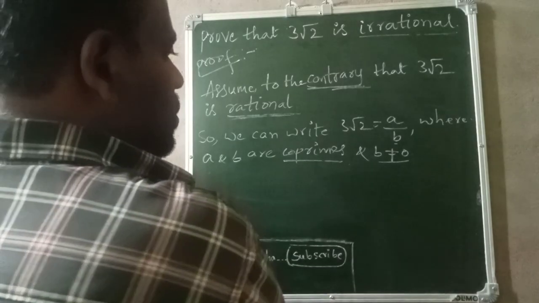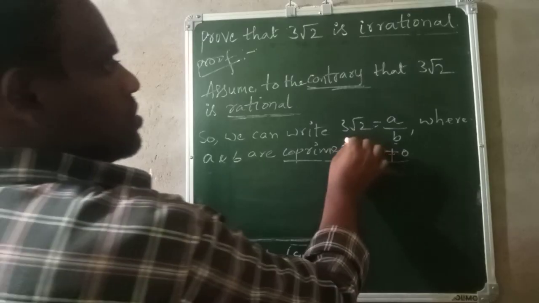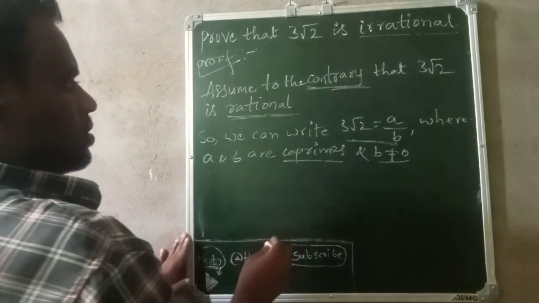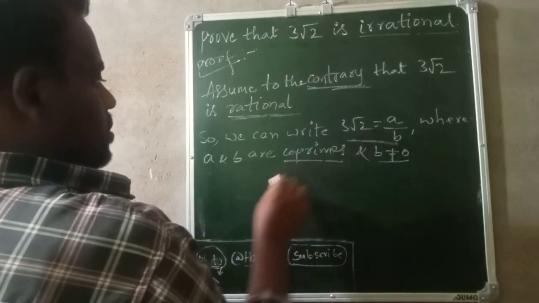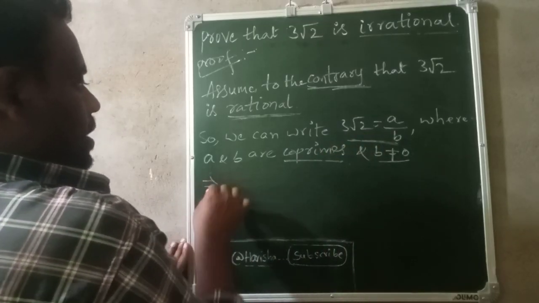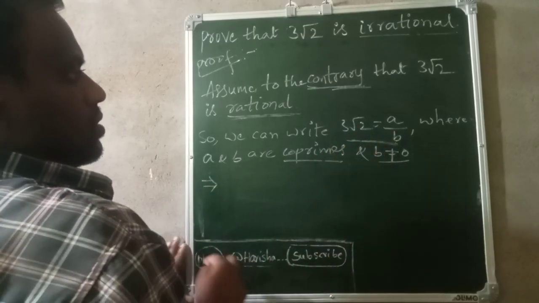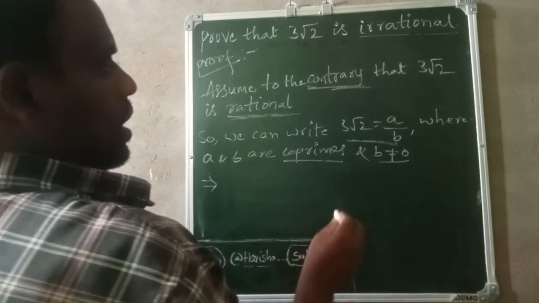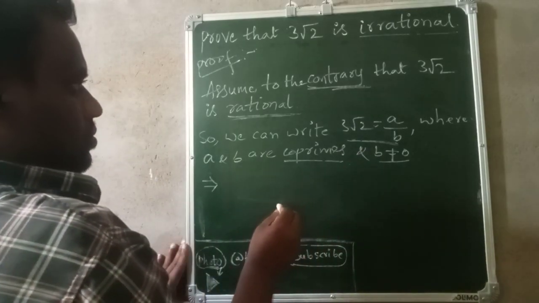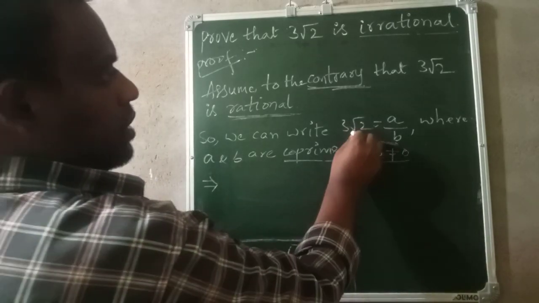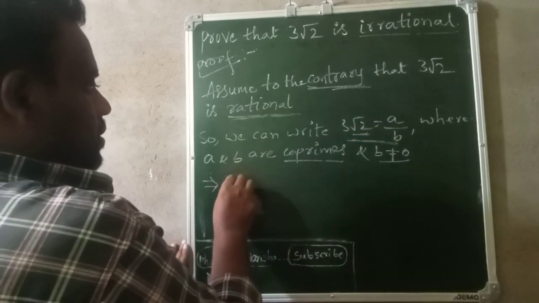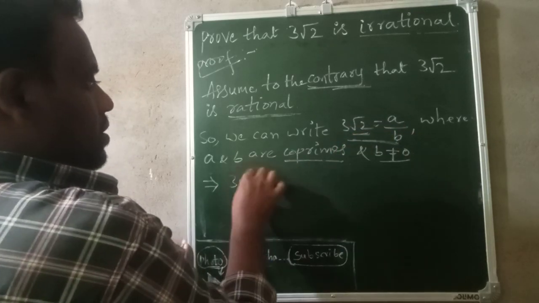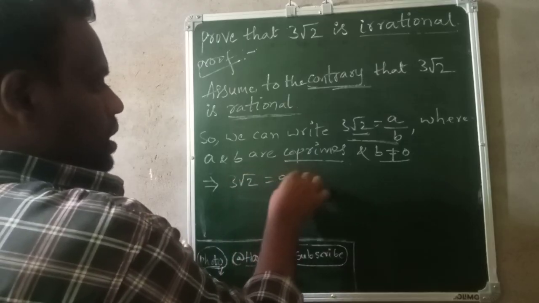Now what will happen? From this, we can find the value of root 2 first. I will rewrite the same thing here again: 3 root 2 is equal to a by b, right?